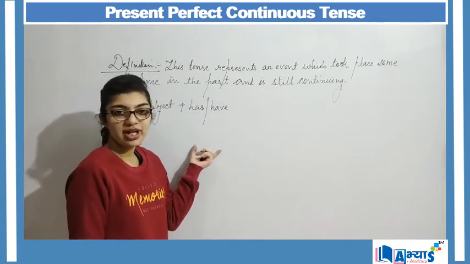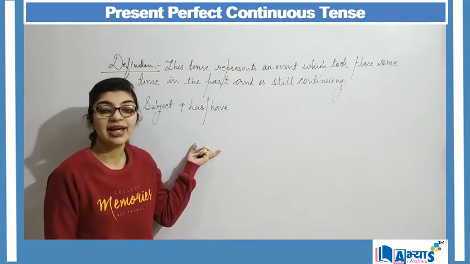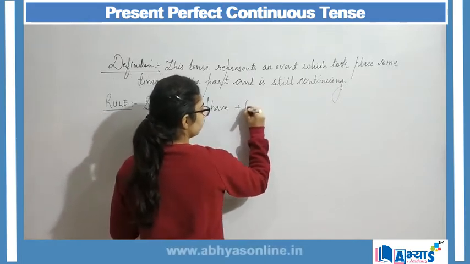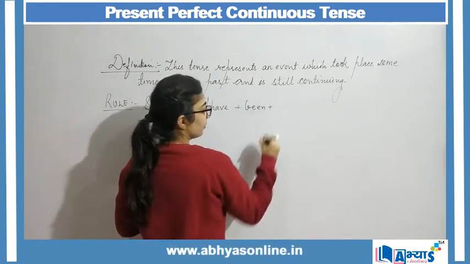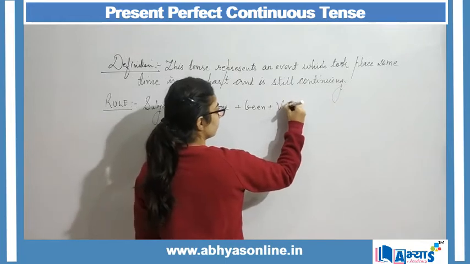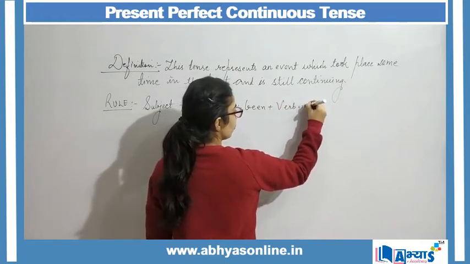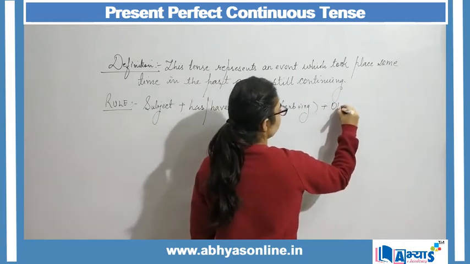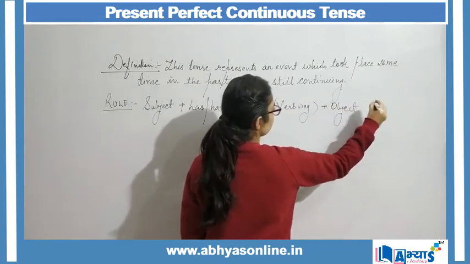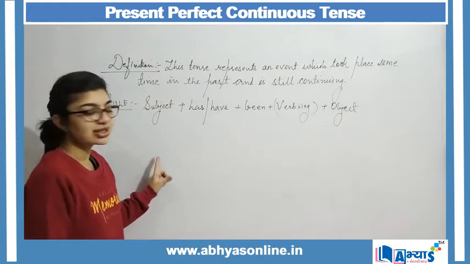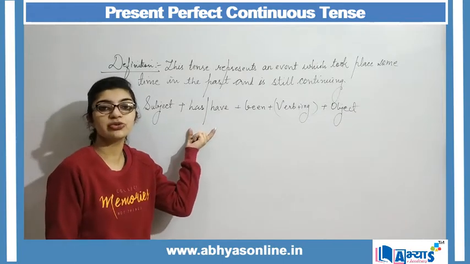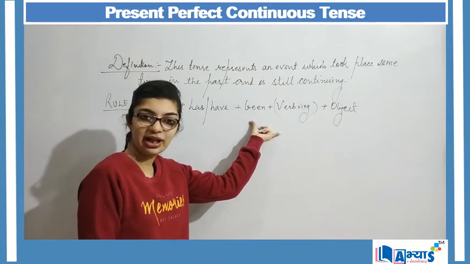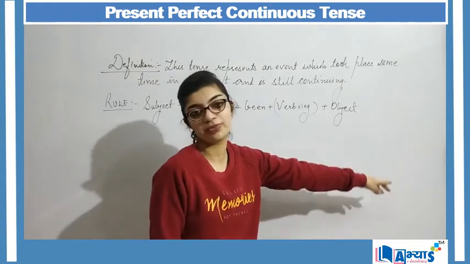So this is used to represent a present perfect tense, and for continuous we make use of been plus verb plus ing followed by my object, right? Subject plus has or have, which is used to represent the present perfect tense, been plus ing used to represent continuous tense, and my object.